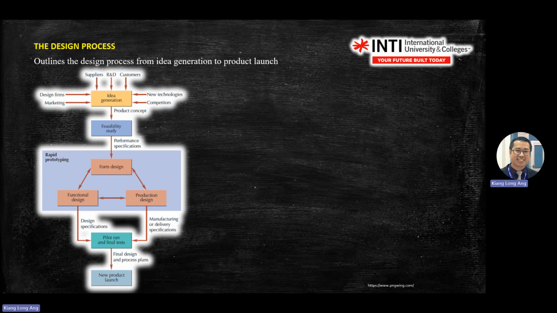Now the product is ready to launch to the consumer. Okay. And the process ends here. Okay. So there's no output already. Output is no. That means you already run the product, so the process will end here, right? Or you can say that if need improvement, you look back to step number 1.